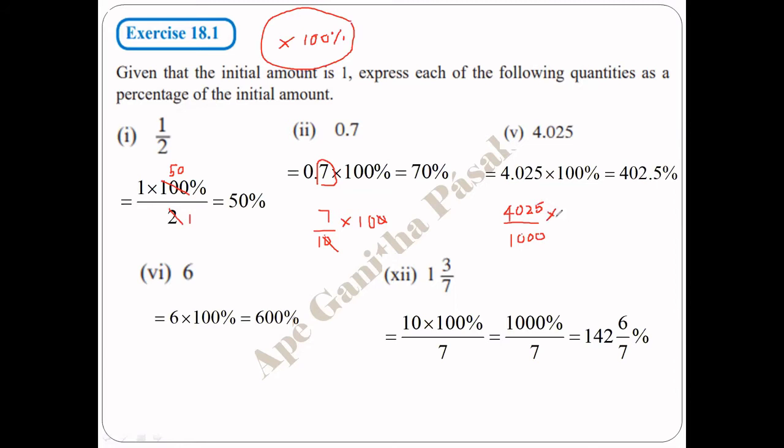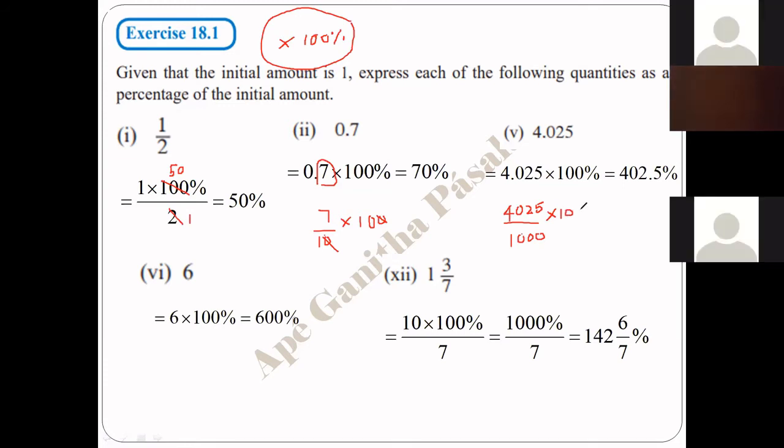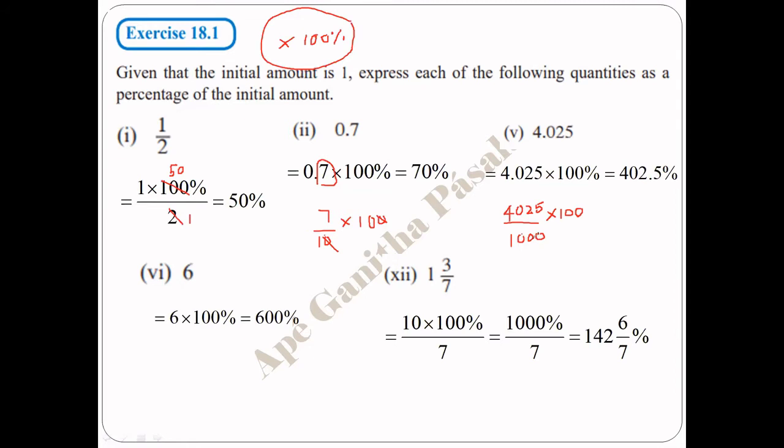Here we use the knowledge of the decimals lesson also. And now let's simplify. Cut these 2 zeros with this 0. There's only 10 in the denominator. 4025 divided by 10 means separate only 1 decimal place.